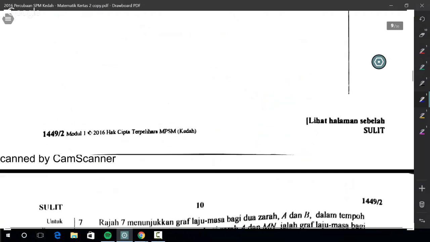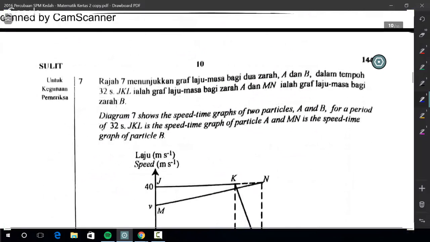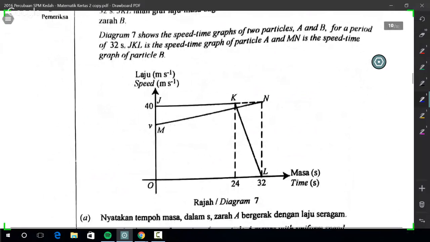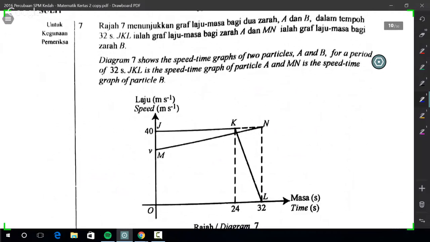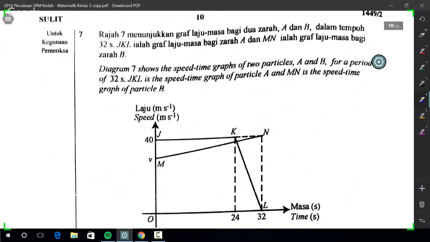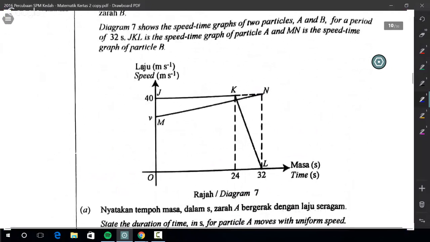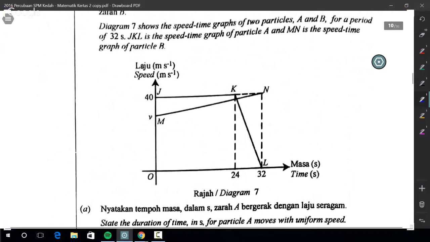Okay, so if no problem, I'm going to move on. So this one is the speed-time graph, I think. Diagram 7 shows the speed-time graph of two particles A and B for a period of 32 seconds.